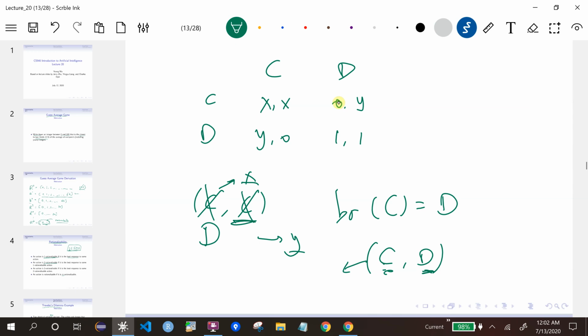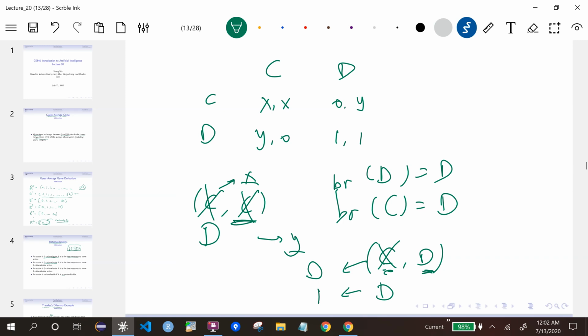If I choose to deny, which is denoted by C, then with C and D, I'll get 0. And if I choose to confess, then I will get 1. And 1 is strictly larger, so the best response to D is also D. So C is not a best response.